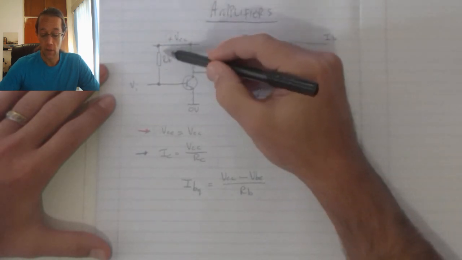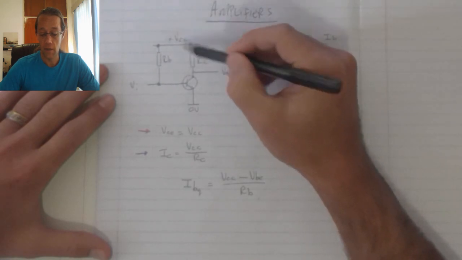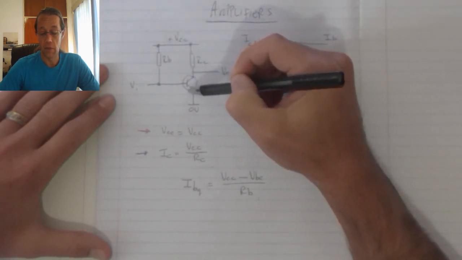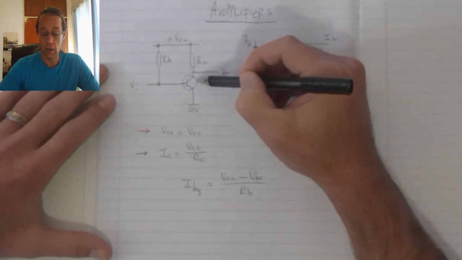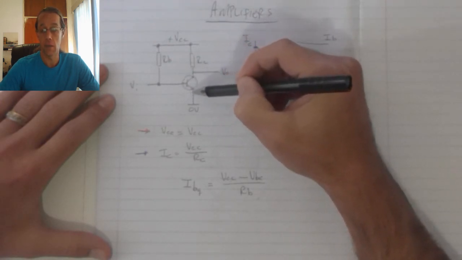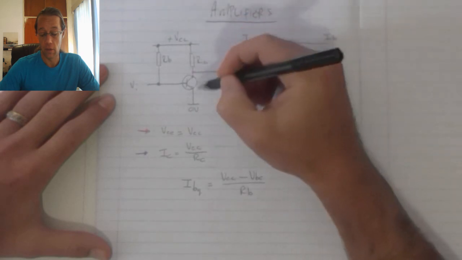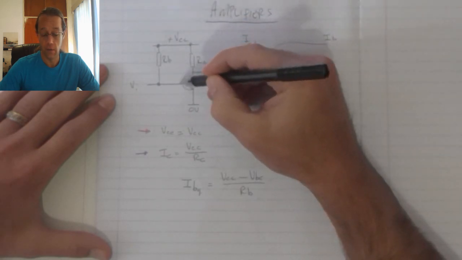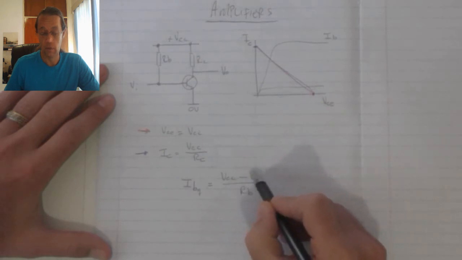Now, the base resistor's voltage will be dependent on the supply voltage minus that voltage across the base emitter. Now remember, if this is a silicon transistor, that voltage is going to be 0.6 volts, and if this is a germanium transistor, then that voltage is going to be 0.3 volts, and that is going to be replaced in that variable over there.